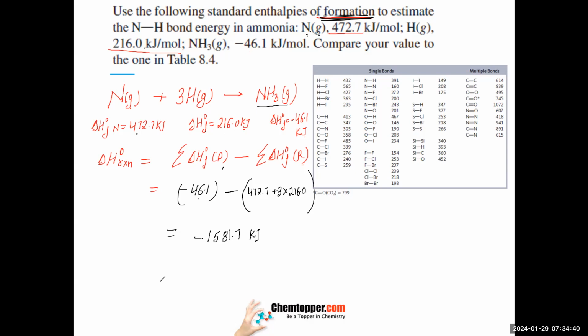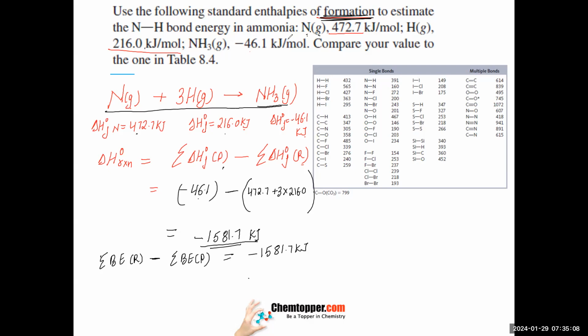Okay. But what is this? During this reaction, are you breaking any bond? This is also equal to summation of bond enthalpies of the reactant minus summation of bond enthalpies of the product, is minus 1581.7 kilojoules.